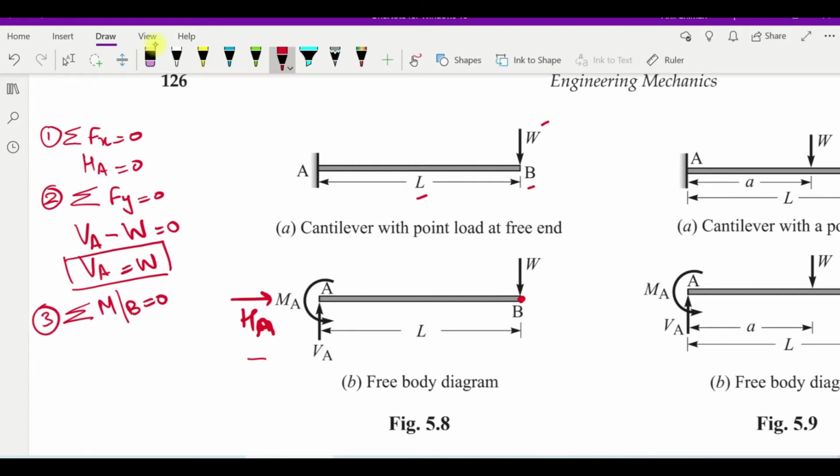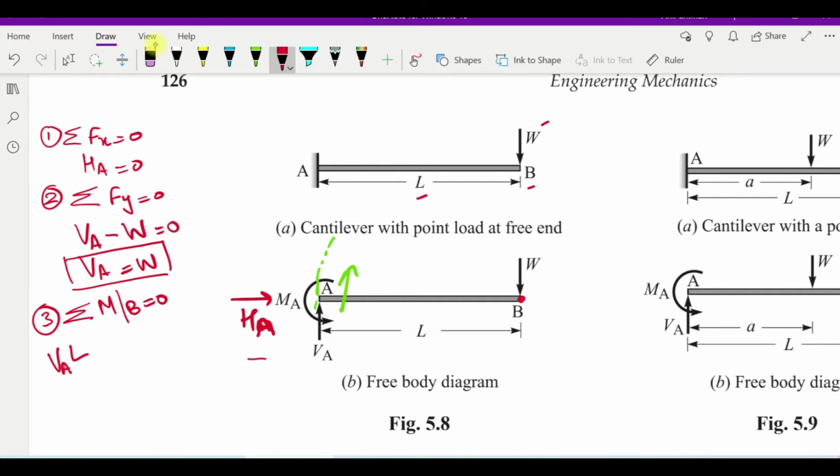So force into distance is 0, so there will not be any moment due to W. And due to VA, if I hold this point B, VA is trying to rotate this beam in this direction. So I'll get a clockwise moment, VA into L.